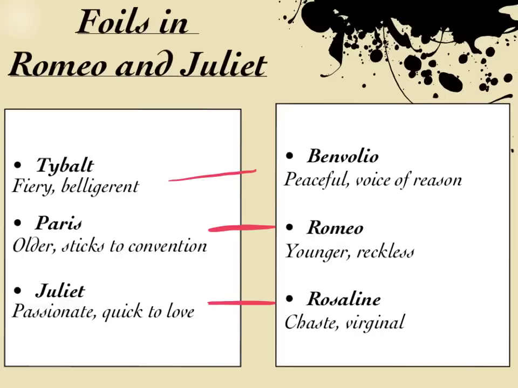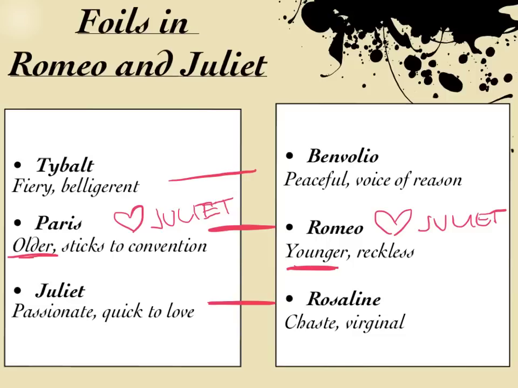Now the second one is Paris and Romeo. And this one's a little bit more obvious, right? Because they are both in love with Juliet. But other than the obvious fact that Paris is older than Romeo, Paris also sticks to convention. And what do I mean by convention? It means that he lives by tradition.